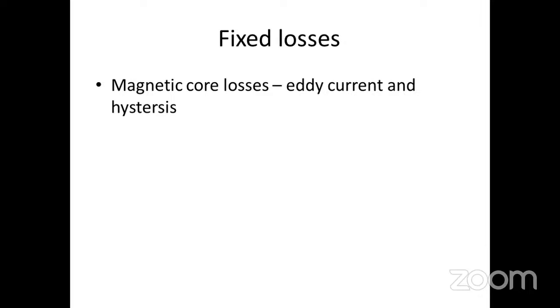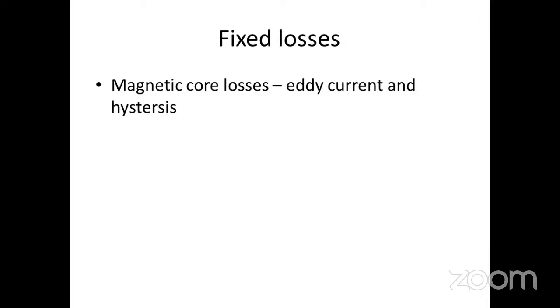Eddy current means the change in magnetic flux cuts the conductor and produces electricity. The same thing happens in the body of the motor also. The body of the motor is also made up of a conducting material. We cannot make it a non-conducting material because all the magnetizing materials are conducting materials only.